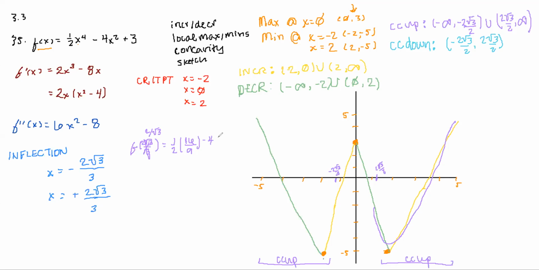No, that's going to be 4 over 3. That's going to be 16 over 3 plus 3. So I could go out and do this math. So this becomes 3. This is 16 over 18 minus. Anyway, you could do this.